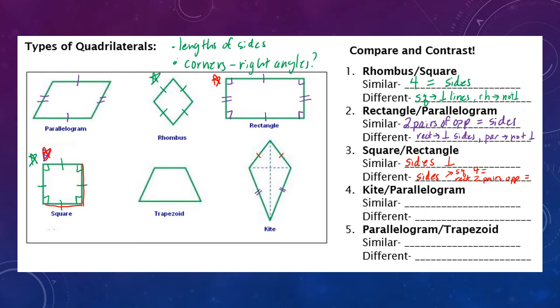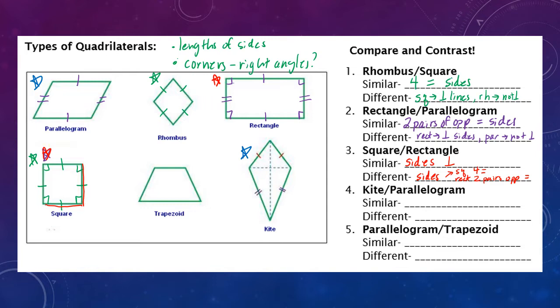Okay, so now let's talk about the kite and the parallelogram. I'm going to use blue for this one. Here's the kite and then the parallelogram up here. The way that they are similar is that they don't necessarily have to have right angles. In a parallelogram, we know that there are no right angles, because if it did, it would be a rectangle.